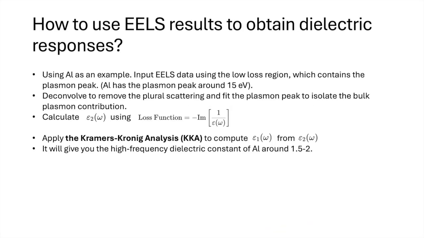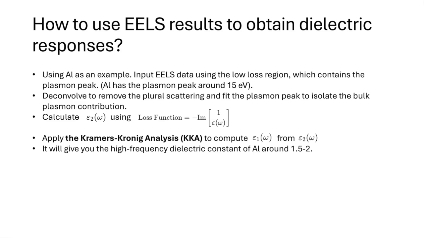Next, we can extract the dielectric function. First, we remove the plural scattering, that is, electrons that have lost energy multiple times, by deconvolution. Then we isolate the bulk plasmon peak and model it to obtain the single scattering distribution. From the measured loss function, we can calculate the imaginary part of the dielectric function.